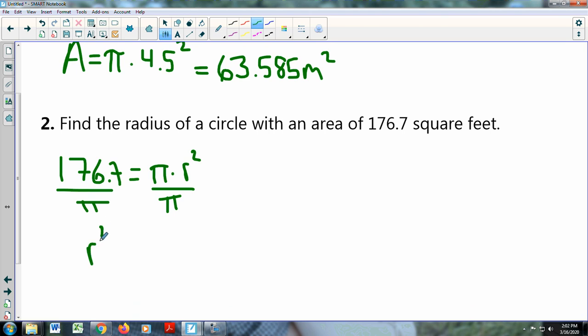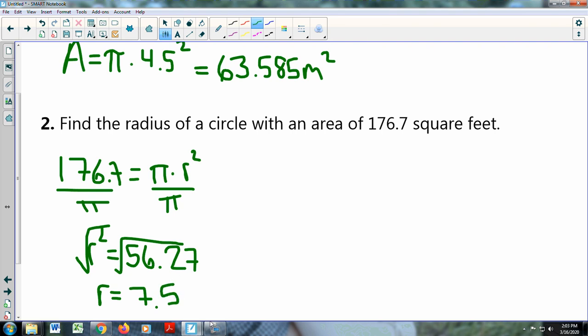So then my radius squared is equal to 56.27. Take my square root. Taking the square root, that gives me a radius of 7.5. Now I'm not going through and finding the diameter because it only asked me to find the radius.